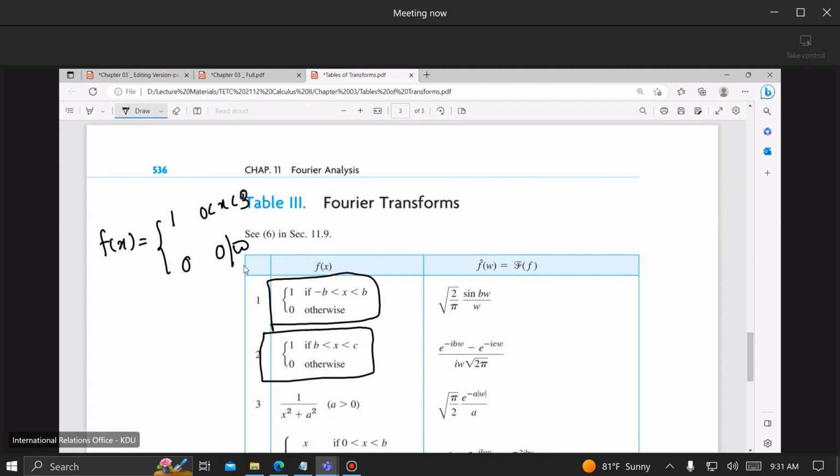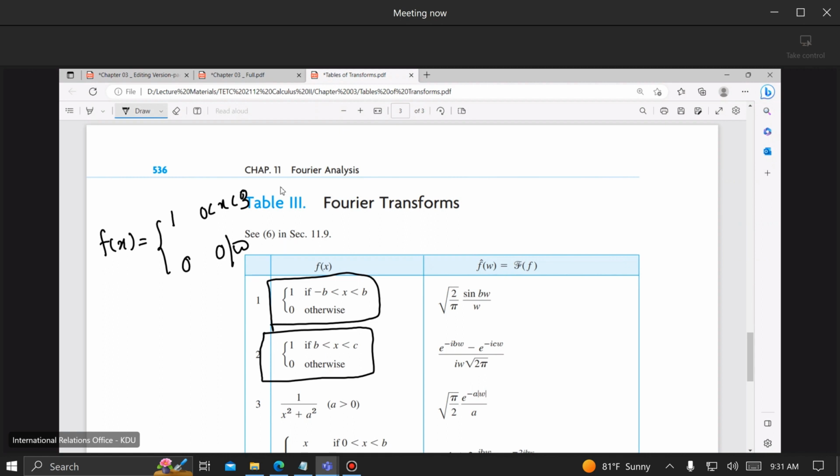formula. So what is the suitable formula for this example? 1 or 2? Is it 1 or 2? It is 2. Then why? In expression 1, f of x is equal to 1 when x varies from minus b to b.